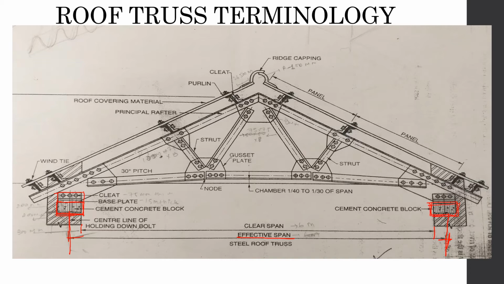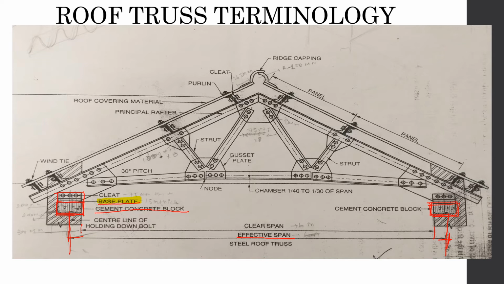Now over that is the base plate. This is the cement concrete block which we discussed before. Now comes the base plate. I'll highlight it. So base plate is the first thing which is put on the wall to support the truss. That creates a base, a metal base, for the truss to sit on.